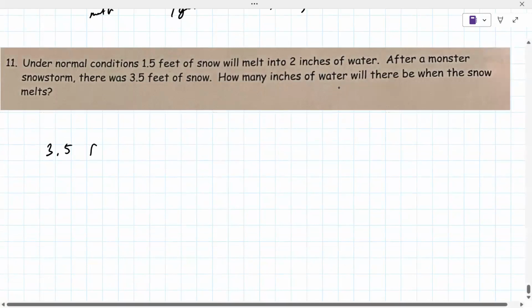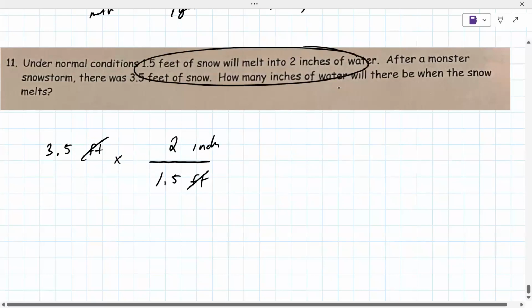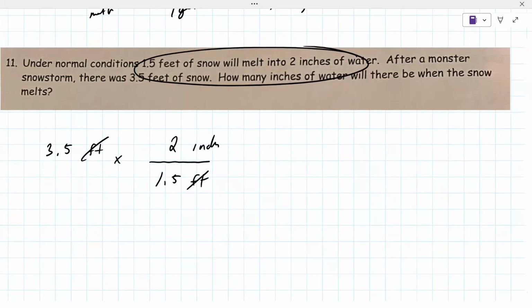So 3.5 feet times 2 inches per 1.5 feet. Okay, so the feet cancel. Yeah, that's your conversion there. And multiply and then divide.